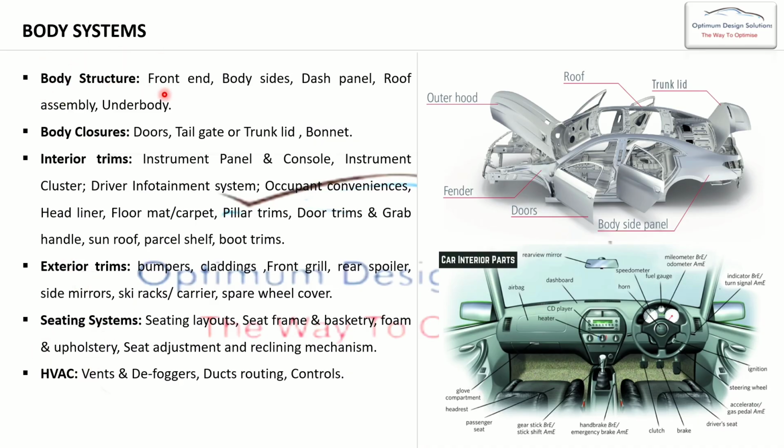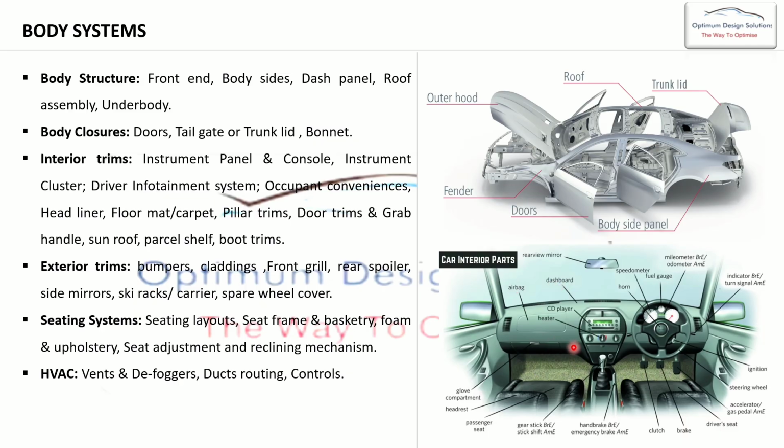The body structure includes the front end, body sides, dash panel, roof assembly, and underbody. Then body closures like doors, tailgate or trunk lid, and the bonnet are the body closures or exterior parts.